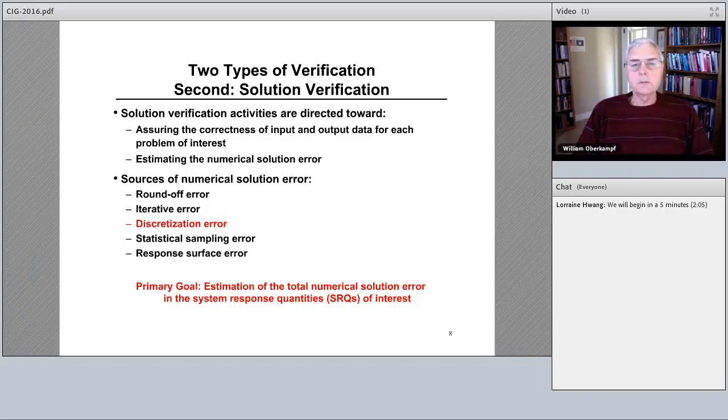But it is still something, particularly for long-time solutions, that can pollute a solution. Iterative error: almost all problems have some sort of iterative solution technique. You always have iterative techniques on large elliptic problems, but even on parabolic or hyperbolic problems, you will have iterative techniques as you advance, let's say, a time step.